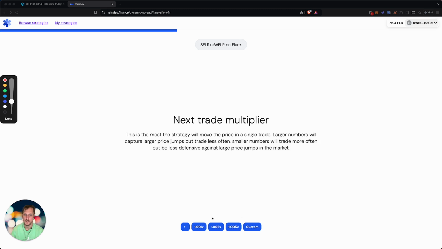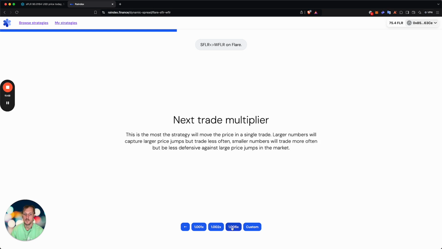This is a relatively correlated pair, so the presets here are quite tight: 0.1%, 0.2%, 0.5%. You can set up a custom percentage, but for this I'm just going to say 0.5%, which means every time a trade happens, the auction is going to reset to 0.5% past where the last trade happened. You can see more details about that in the other video.